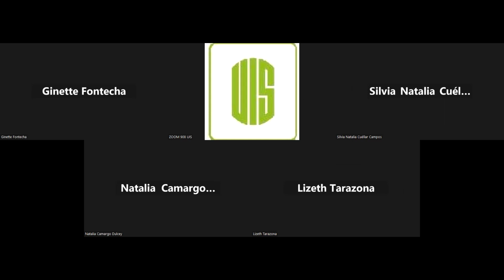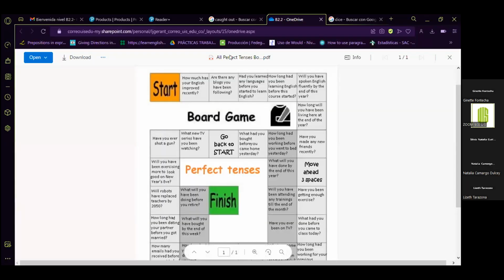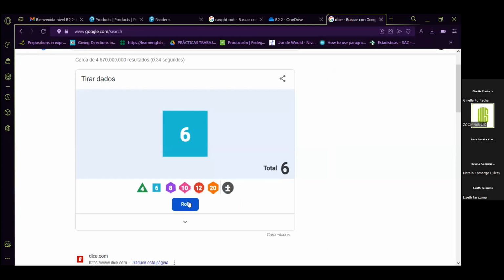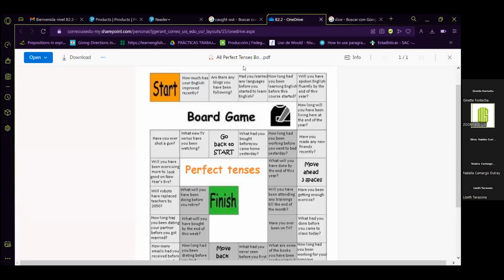No. I don't know why, because it says your screen share is loading. You can try again. Okay, we can see it. So is it number 3?